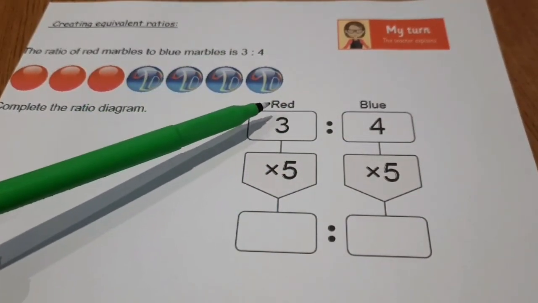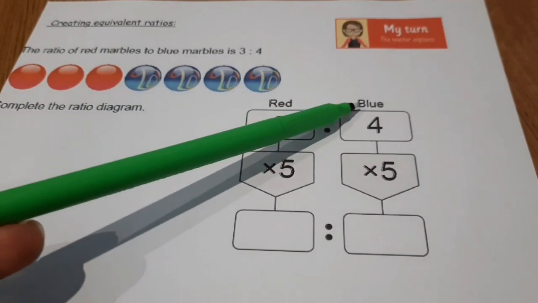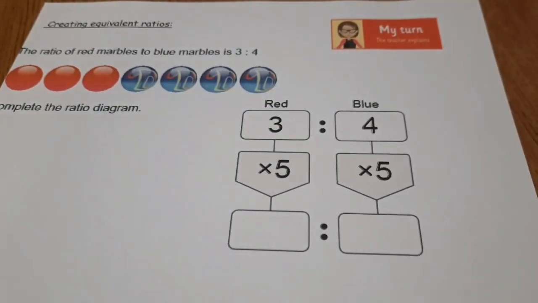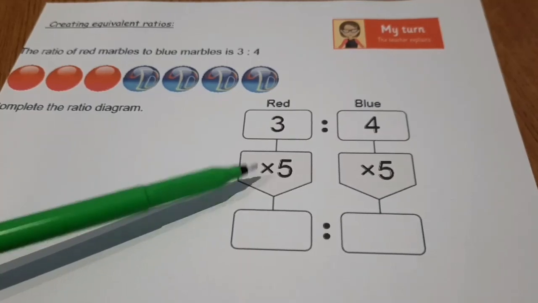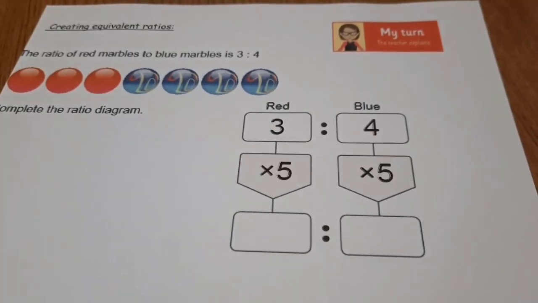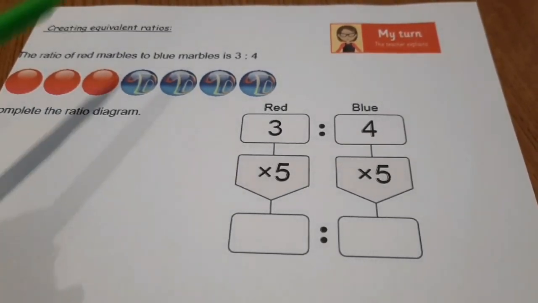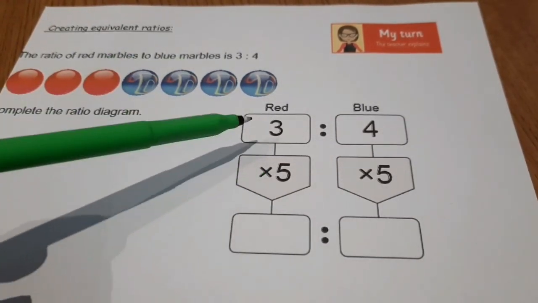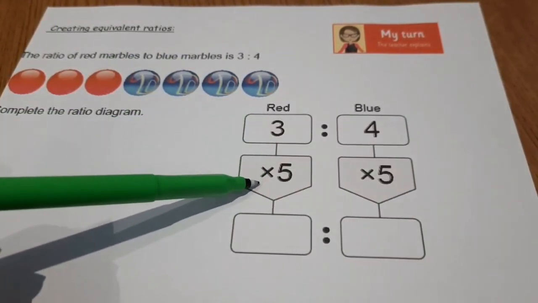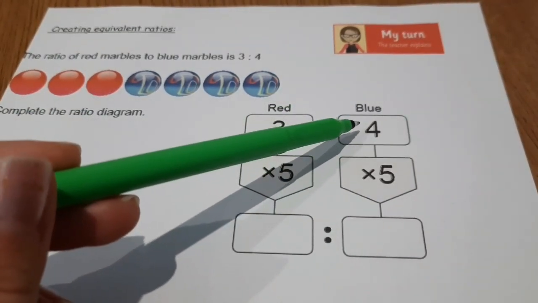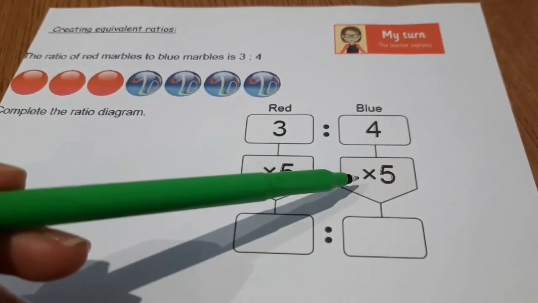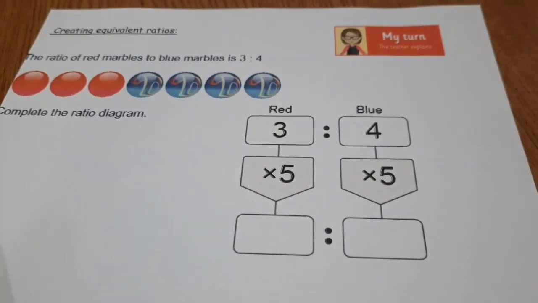I'm going to helpfully write red and blue at the top there to remind me which is which. Now I know I've got 5 packs of marbles, so I need to multiply the first number in our ratio by 5 and multiply the second number in our ratio by 5 as well.